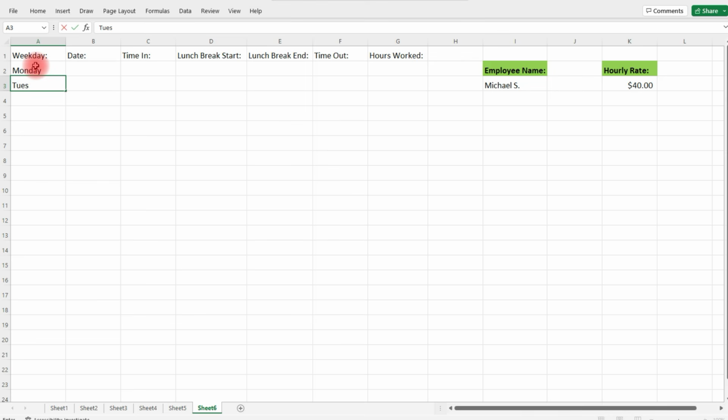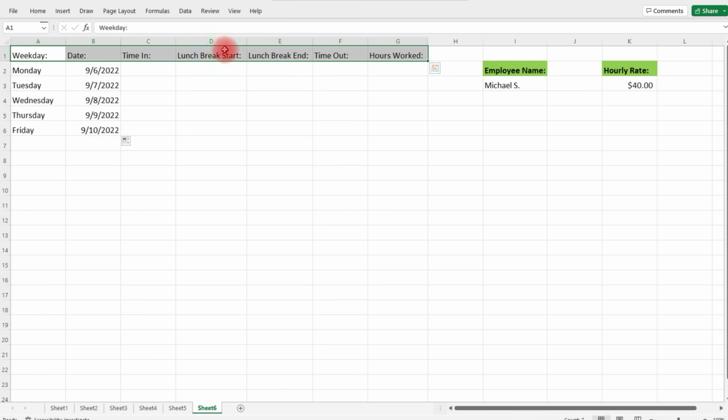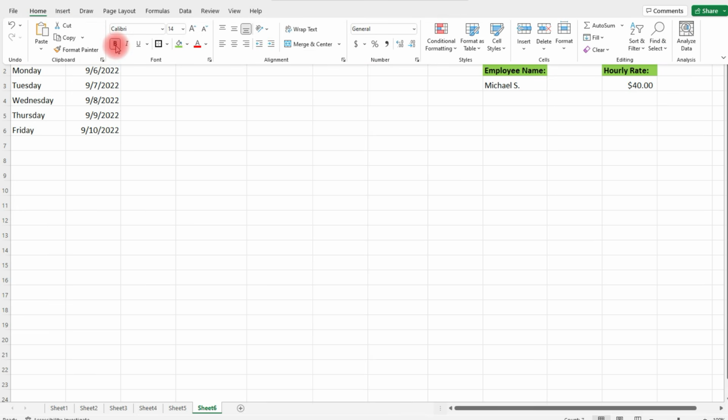Now this is going to be a weekly timesheet, so I'm going to just have the first 5 days of the week. And let's extend the pattern just like we did in the first column. So let's go ahead and make this bold, and let's change the background color to a light blue color.